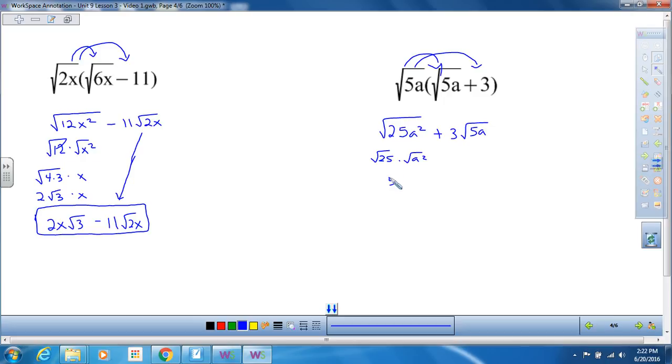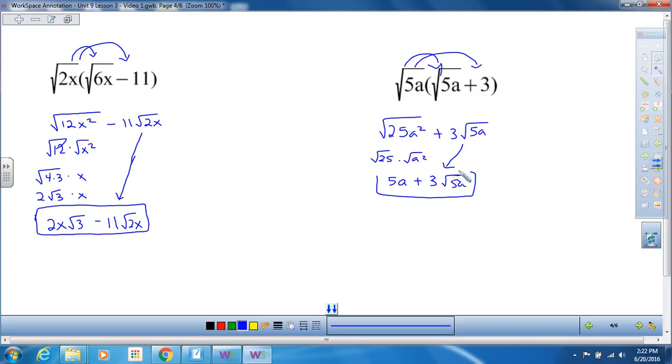Square root of 25 is just 5, square root of a squared is just a. So I just brought that down.